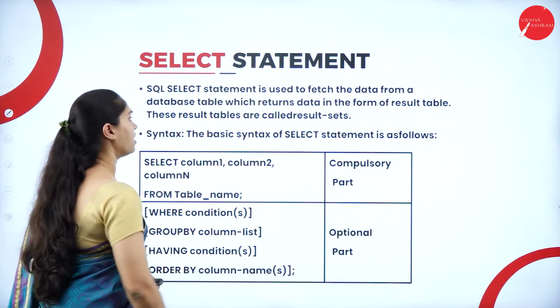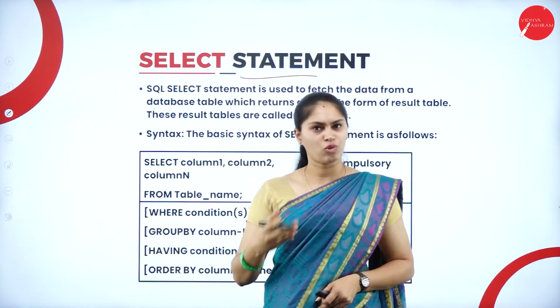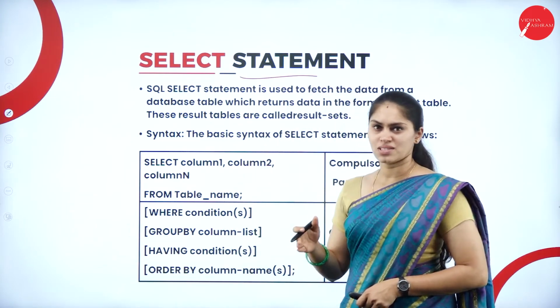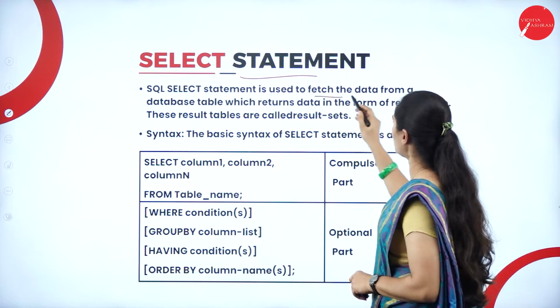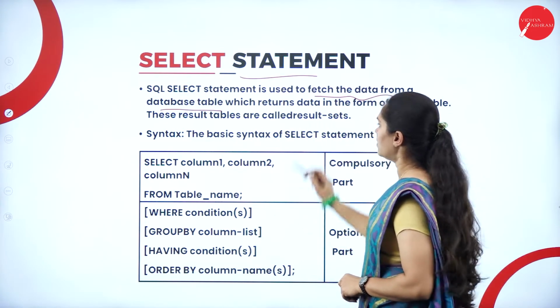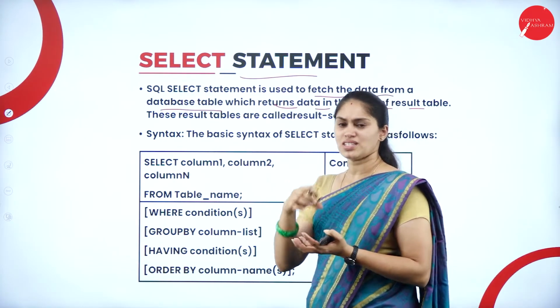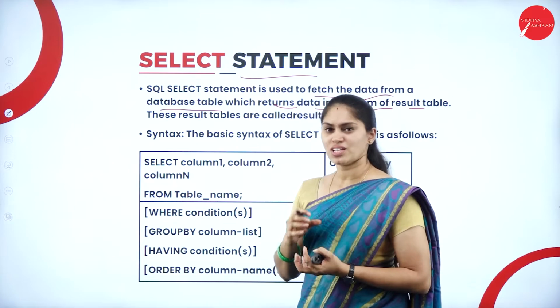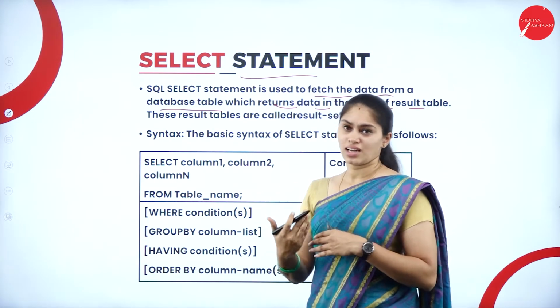So next we have the select statement. Why do we have to select? If I want to select certain columns, then we have to use this select statement. Mainly it is used to fetch data from a database table, and it returns the data in the form of a result table. So I am fetching some of the attributes, some of the columns from the table, based on a certain condition.